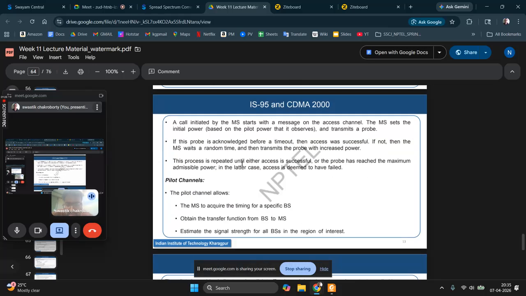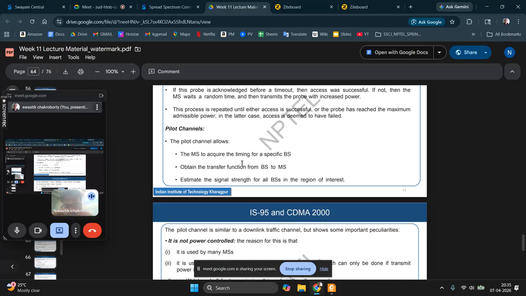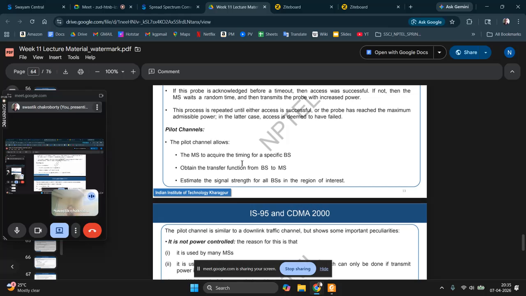Okay, and next is the pilot channel. The pilot channel allows the MS to acquire the timing for a specific base station after the transfer connection from base station to mobile station, and estimate the signal strength for all base stations in the region of interest.